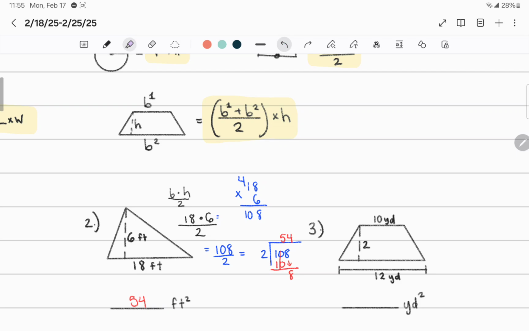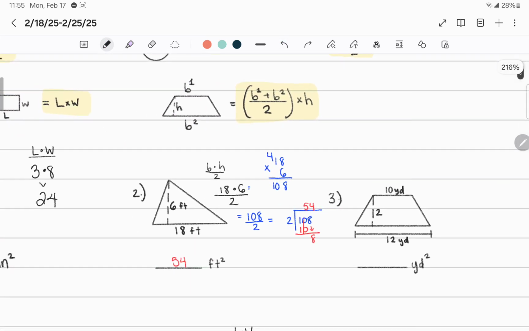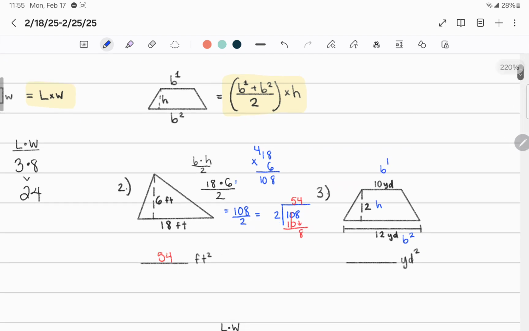So B1 plus B2. So you're basically adding this and this. You're going to divide that by 2 and then multiply it times the height. So here, if you want to label your parts, this would be B1. This down here is B2, and then this would be your height.